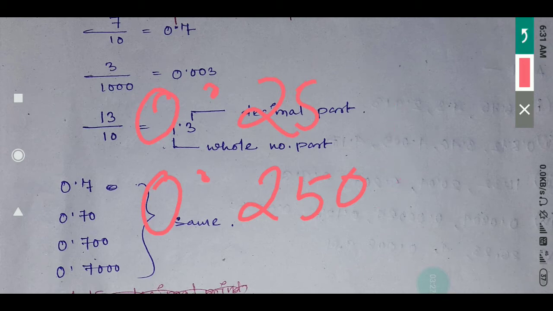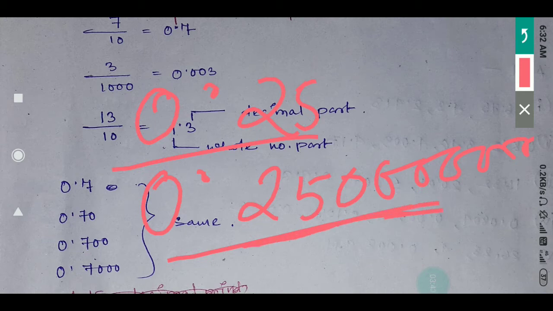Why? Because after the decimal point, in the decimal part, irrespective of how many zeros you add or not, it means the same value only.